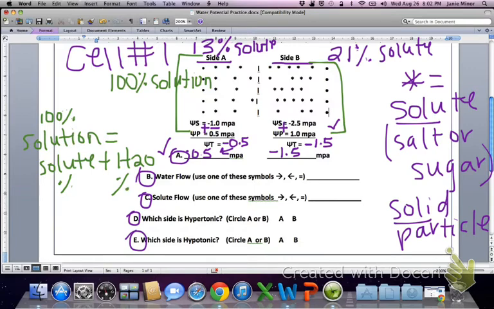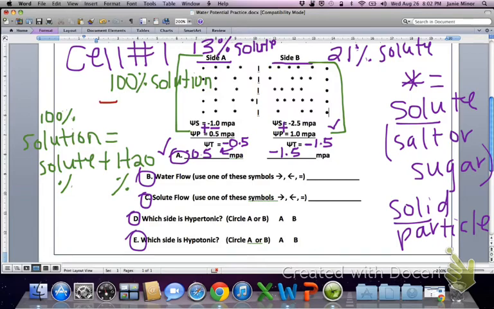So, we're going to have to do a little bit more math. I'm going to choose a different color real quick. We'll go with red. So, let's look at side A again. This is 100% solution. I want to find out how much water is on this side because I want to know where it's going to flow in just a minute.